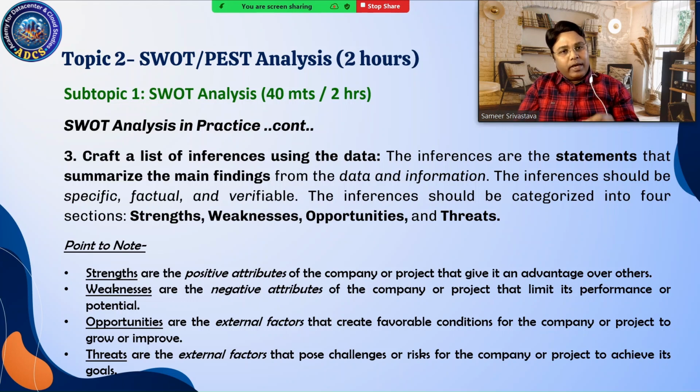Inferences should be very specific, factual as well as verifiable, so that you can go and cross-verify if you have any suspicion in your mind. And they should be categorized into four different sections: the strengths of the company, the weaknesses of the company, and opportunities which exist outside, as well as threats.